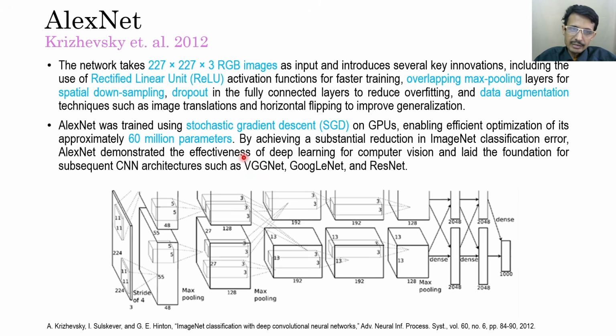It demonstrated the effectiveness of deep learning for computer vision and laid a foundation for subsequent very popular architectures like VGGNet, GoogleNet, ResNet, and so on. So this is the AlexNet architecture as a whole, which was very successful in this era of deep learning for computer vision tasks.